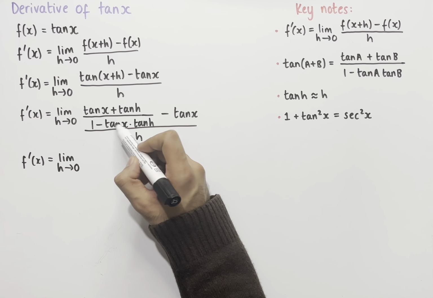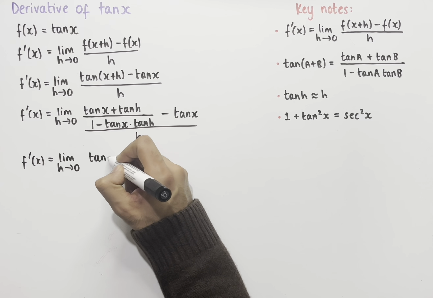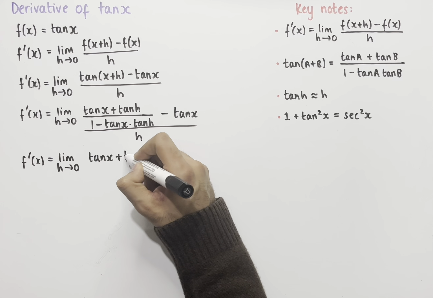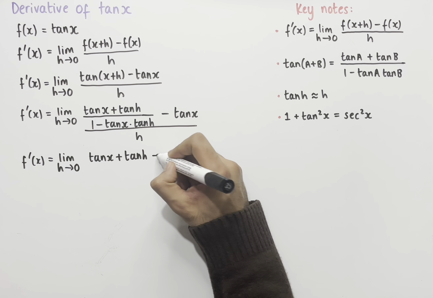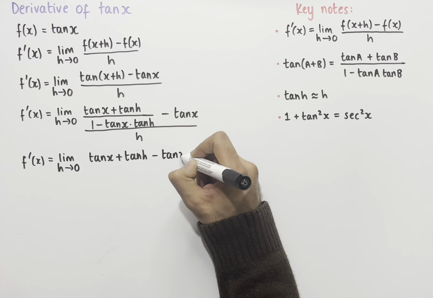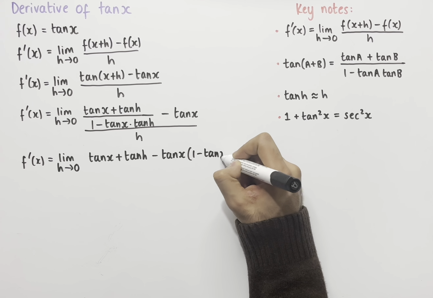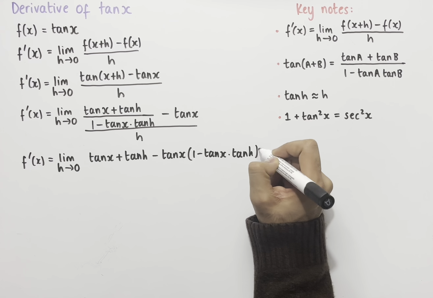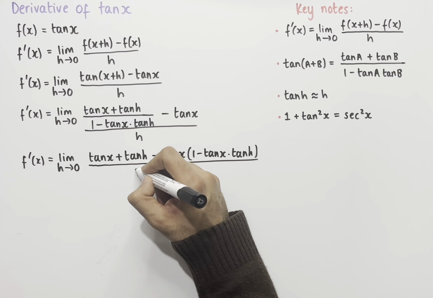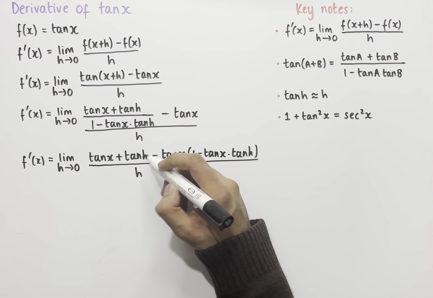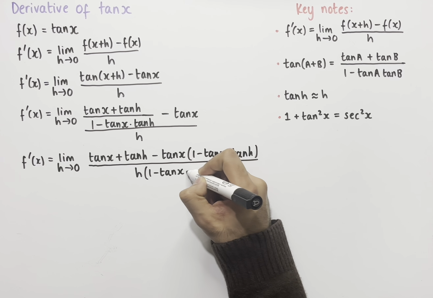Now multiplying the first term by this denominator, we end up with tan x plus tan h, and now we're going to multiply minus tan x with this denominator. So we have minus tan x, and then in brackets 1 minus tan x times tan h, and then in the denominator we now have h multiplied by this expression here, 1 minus tan x times tan h.